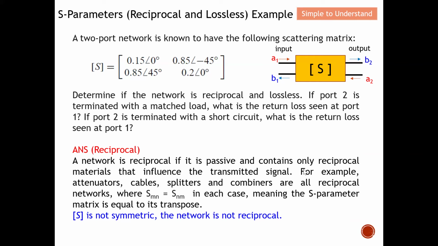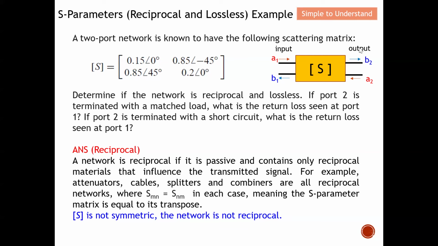For example, typically attenuator, cable, splitter, and combiner are all reciprocal networks, where Smn equals Snm. In such cases, it means that the S parameter matrix equals its transpose. What does this mean? For example, when you buy this, let's say this is an attenuator.